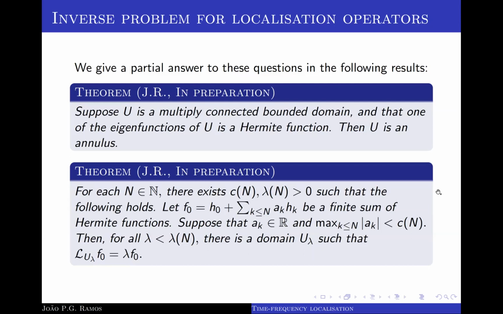So we're finding non-trivial domains with basically any arbitrary perturbation of a Gaussian as an eigenfunction. And these domains, of course, cannot be disks or anything. They have to look, presumably, very weird.